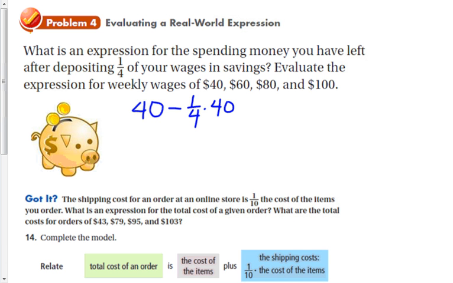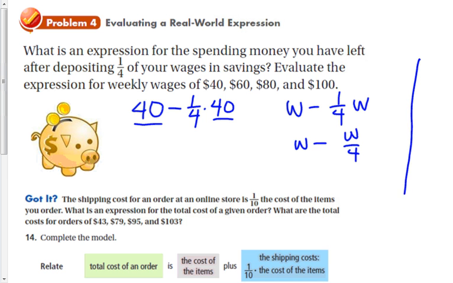So my expression is going to have a variable for my different weekly wages. I'm going to say W minus 1/4 W, or if you like, W minus W divided by 4. Okay, now I'm going to set up a table to figure out my wages here. If my wages are 40, 60, 80, and 100, 40 minus 40 divided by 4 is 40 minus 10, which is 30.